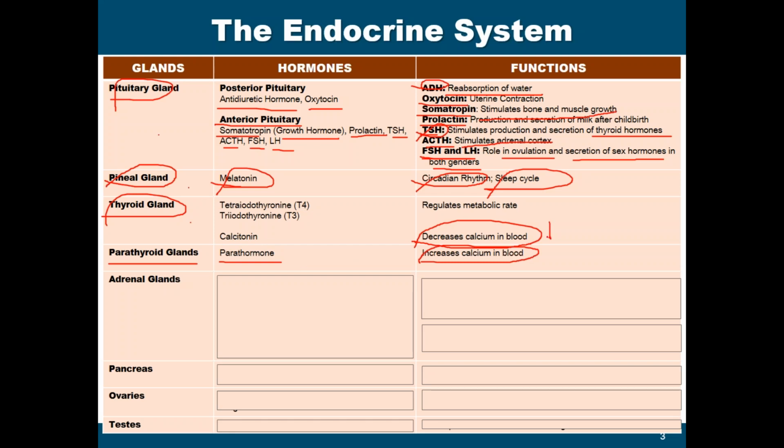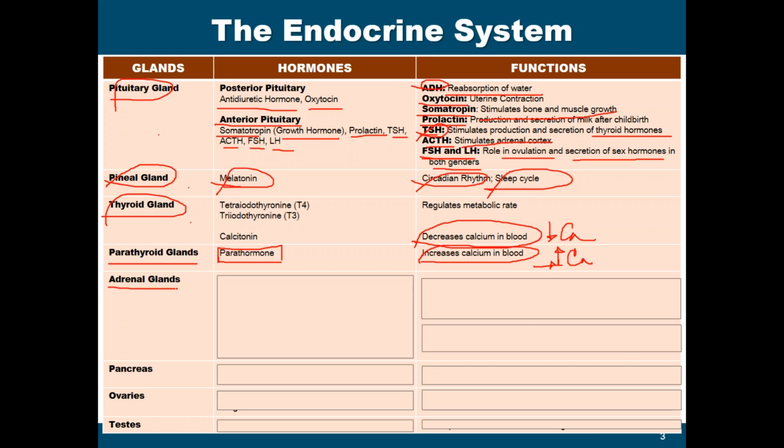Calcitonin is to decrease the calcium level in the blood, while your parathormone is to increase the calcium level in the blood. So you have to understand that when there is an increase in the parathormone production, then definitely that leads to an increased calcium level. And with increased calcium level, that deprives the bones of storage of calcium, and that would lead to fracture.